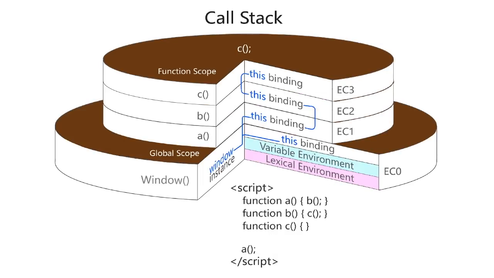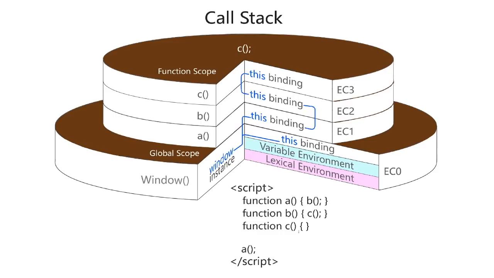Now, you'll have a lot of cases like this where you have a function calling another function and it just keeps chaining the function calls. In this case, you will grow a taller call stack of all of these execution contexts.